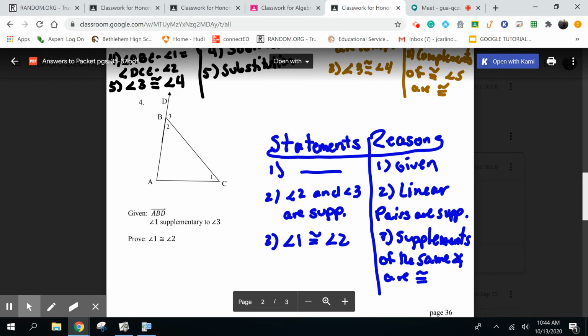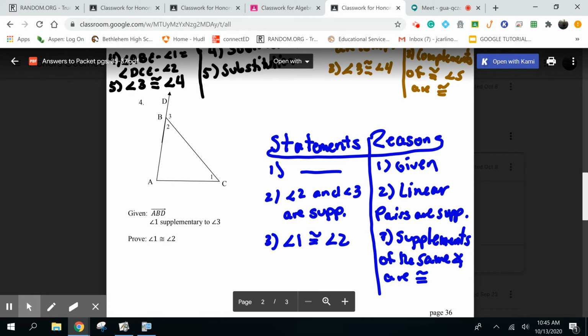In this case, they're supplementary to angle 3, the same angle. If you're going to use that theorem, you better tell me what angles are supplementary. I already knew 1 and 3 were supplementary, but I also had to write 2 and 3 were as well.